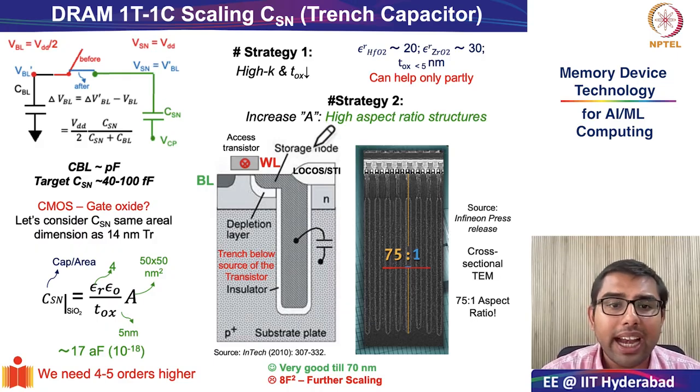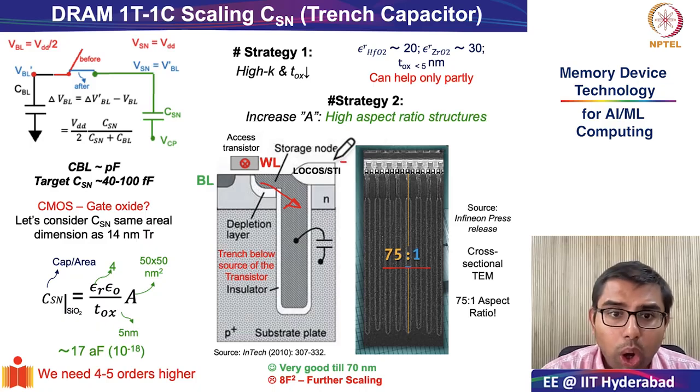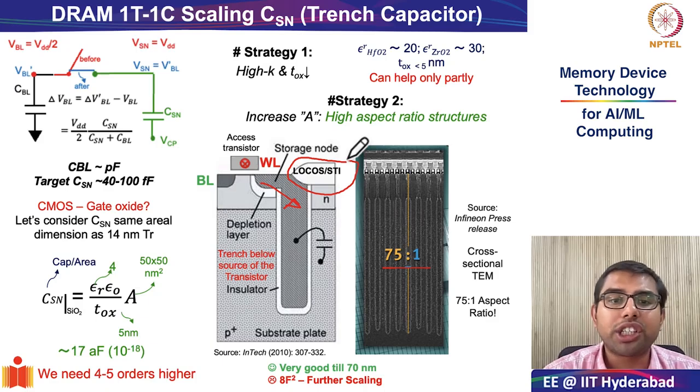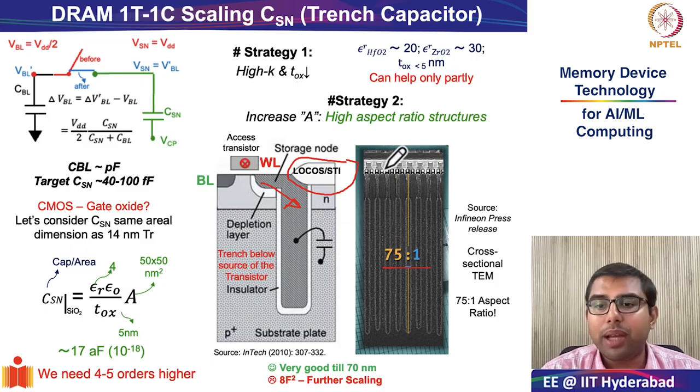Why is it 8f squared? Because the trench capacitor is slightly offset from the access transistor. Not only that, there will also be a LOCOS or shallow trench isolation to isolate this particular cell from its neighboring cell.